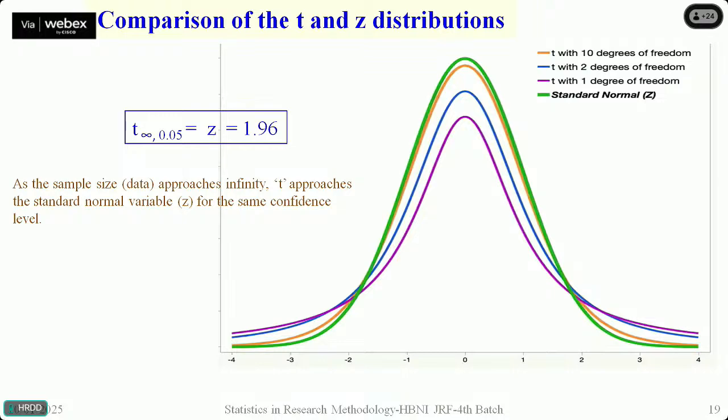If you compare the Z table and T table on the same slide, you can see that at infinity, the T value, and in the next slide I will show you the T table, becomes almost equal to the Z value when you increase the number of data points. And the standard deviation will also get closer to the population standard deviation.